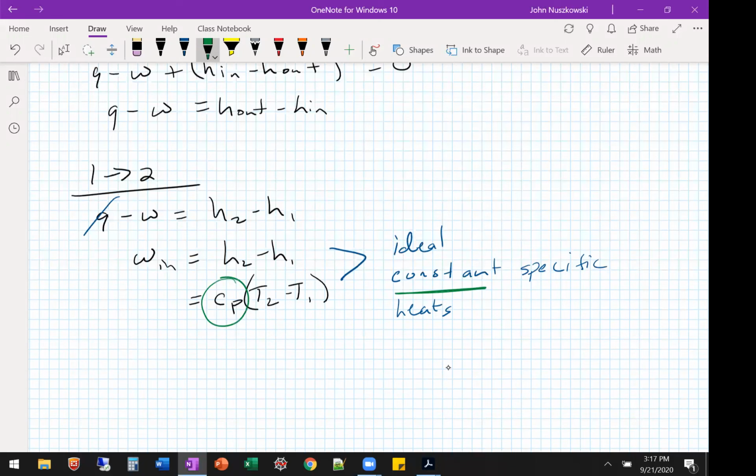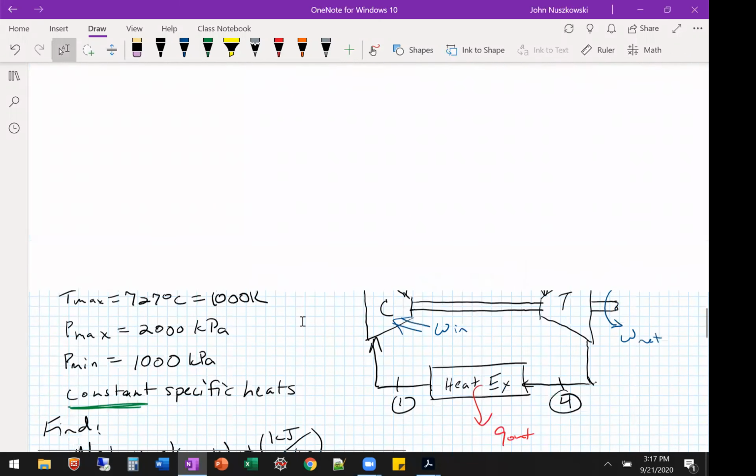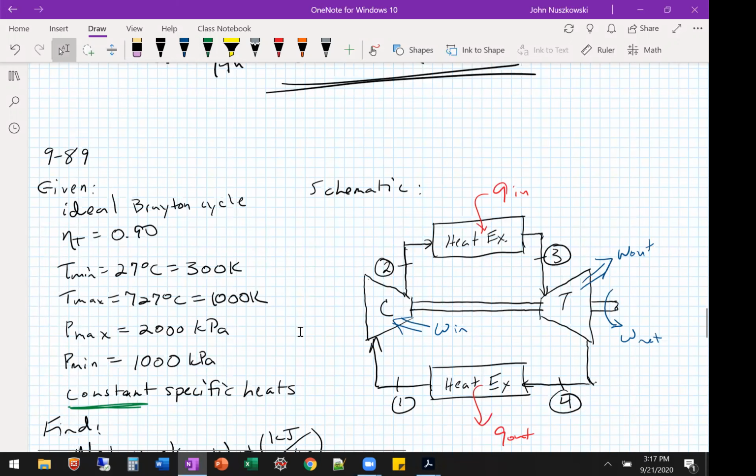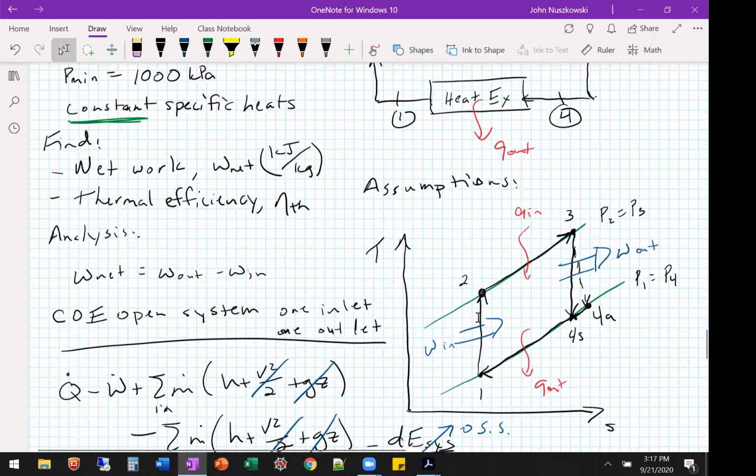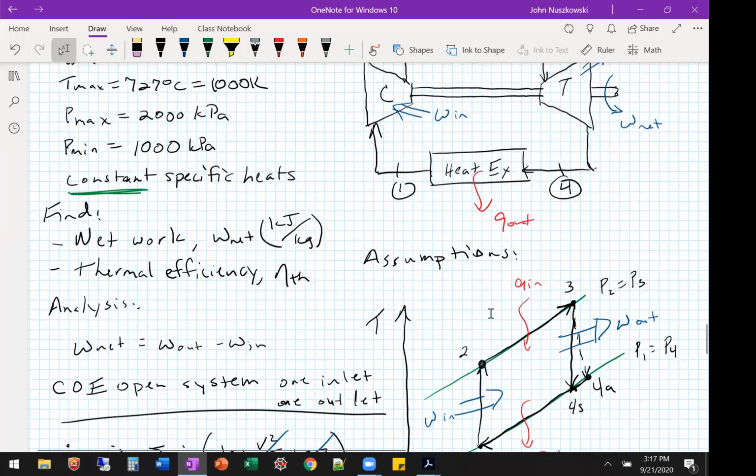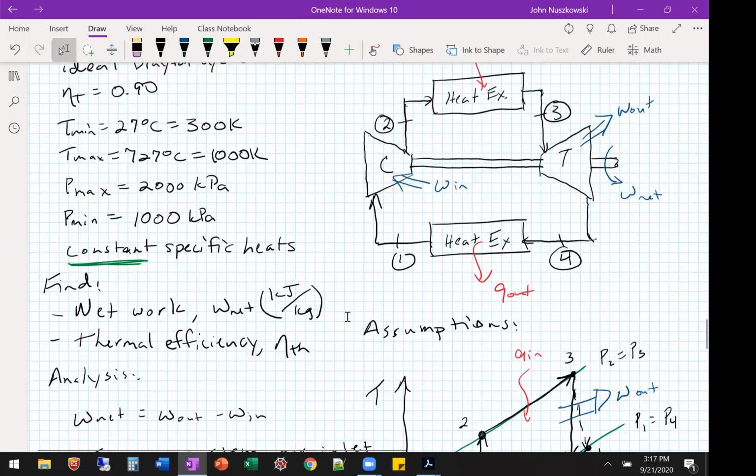Do we have T1 or T2? We have T1. Okay, so we go back up here, and after you draw your TS diagram, now you can kind of make sense of what's being told in the problem sometimes. So they said the minimum temperature, so TS diagram, that's state 1, right?